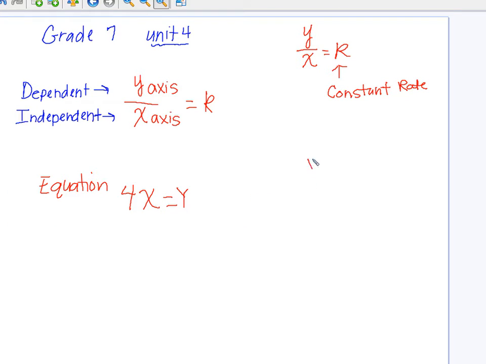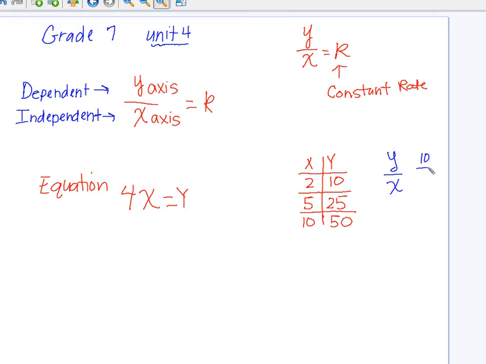Let's say we have an x and y table. Let's say this is 2, this is 10, this is 5, this is 25, this is 10, this is going to be 50. Some tables are easier than others to spot, some are not. So what happens to x to get you y? What happens to 5 to get you 25? If you don't know, you could always take the y divided by the x.